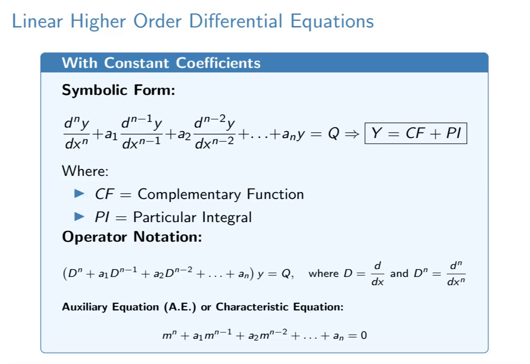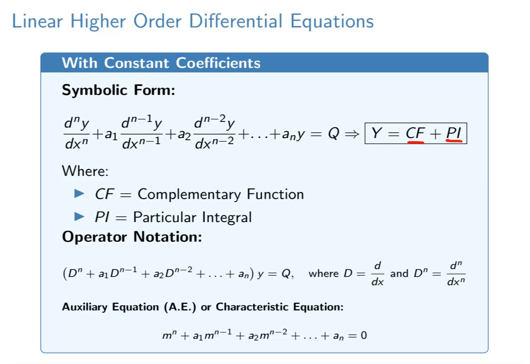Another way we can write, in symbolic form, d^n y/dx^n + a_1 d^(n-1) y/dx^(n-1) + a_2 d^(n-2) y/dx^(n-2) + ... + a_n y = Q. Now if I solve, we get y = CF + PI.